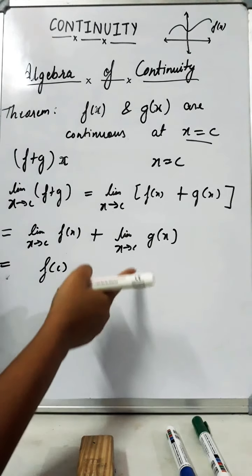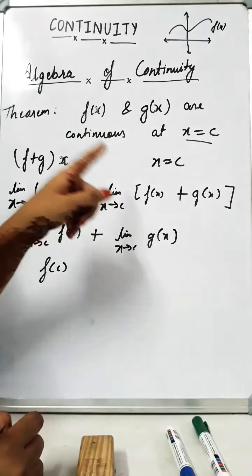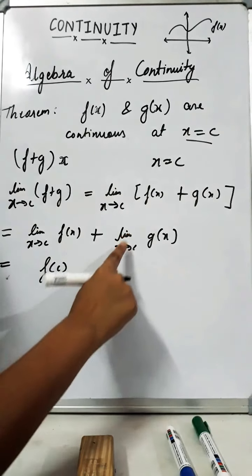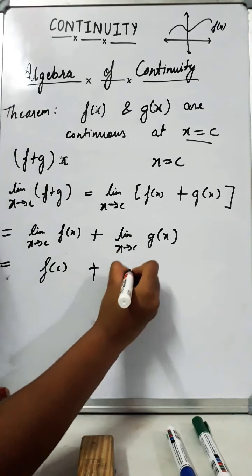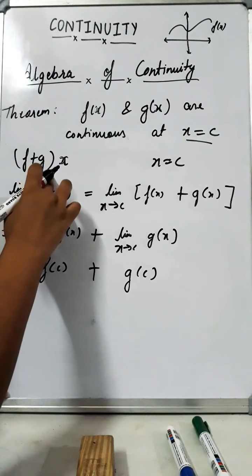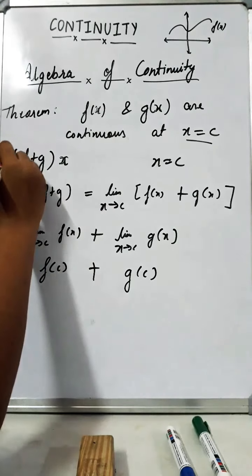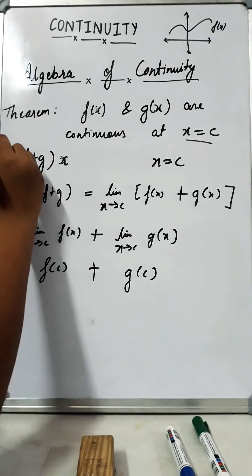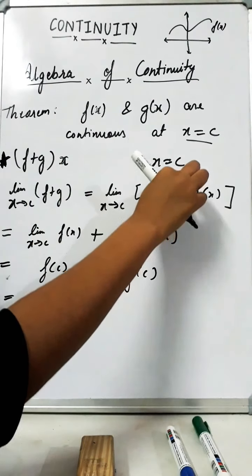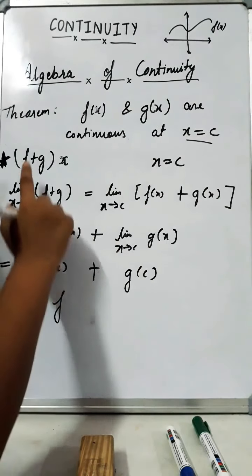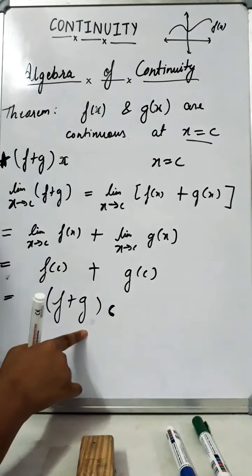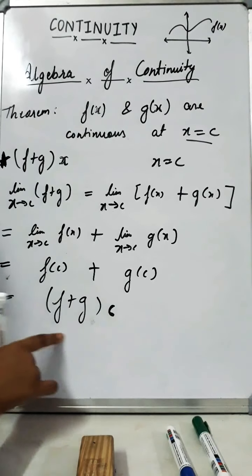And similarly, the theorem states that g of x is continuous at c, that means limit x tends to c, g of x is equal to g of c. Your theorem itself says f plus g of x is continuous at c. We started from this point. This was the given statement, f plus g of x is continuous at c. That means we will use this definition and write f plus g of c. This can be written as this, and this is continuous, this is also continuous because it is given.